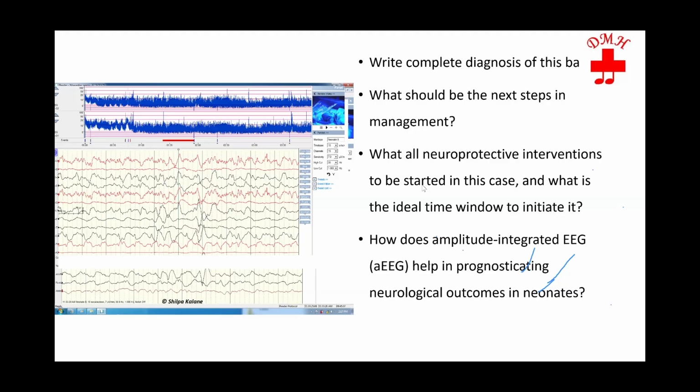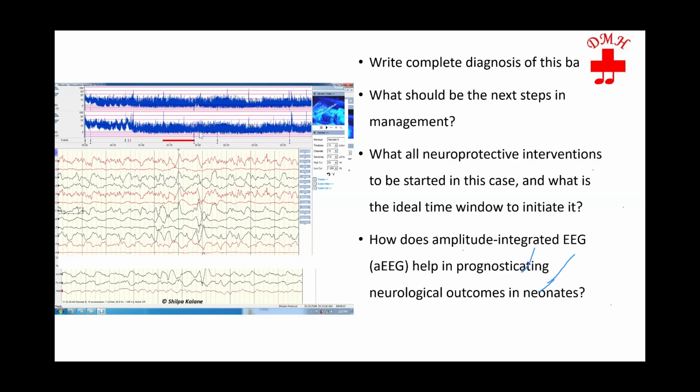And then hypothermia can be considered, but what is the window period to start hypothermia? Within 6 hours. Yeah, everyone is aware of that. So therapeutic hypothermia is one of the interventions for this kind of babies, but what is important is the basic management. Do not forget basic management.